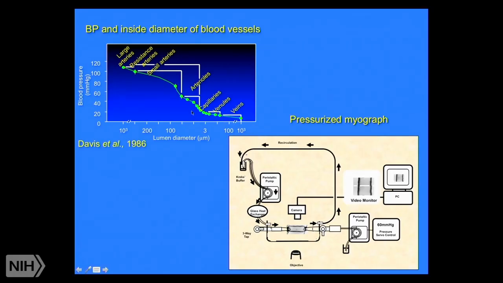And these vessels from humans and from rodents have been studied in our lab, mostly using pressurized myography, but also using the wire myograph of Halpern and Mulvaney that goes back quite a few years to the time that these investigators developed the study of small vessels.